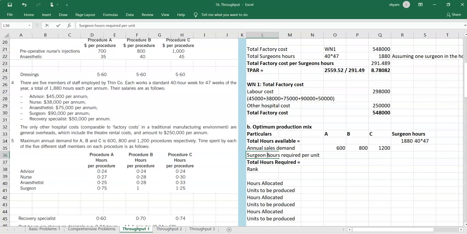Surgeon hours required per procedure, how much? That's available here.